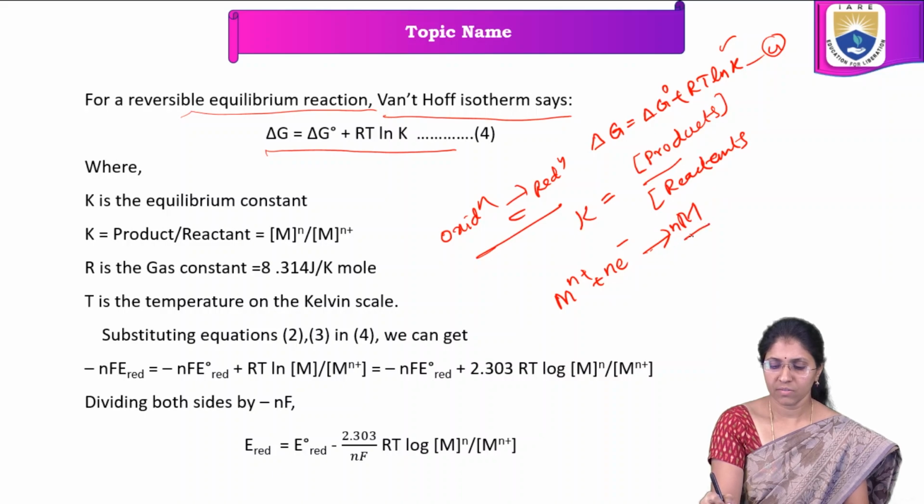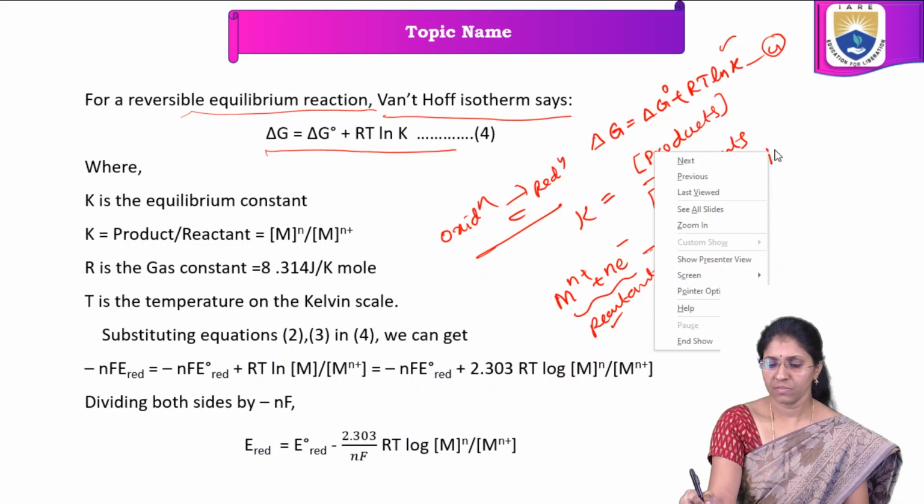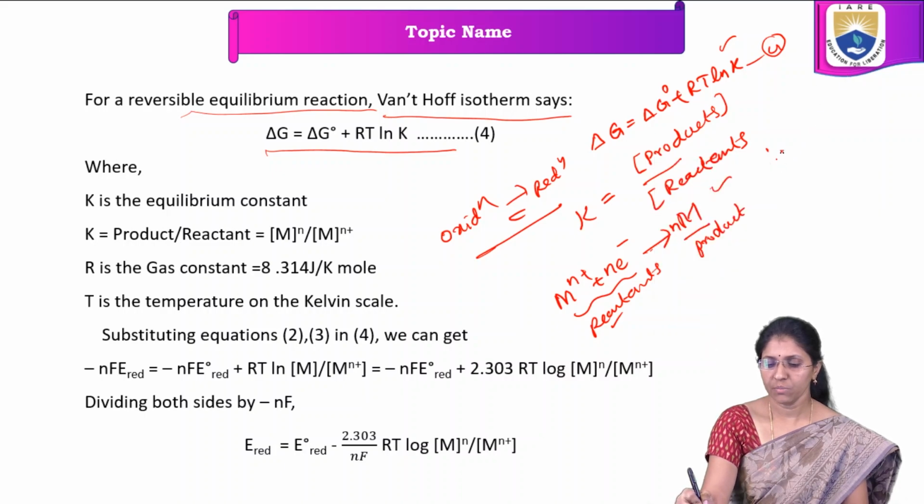So the metal is the product, and these are the reactants. From this we can write the equilibrium constant.